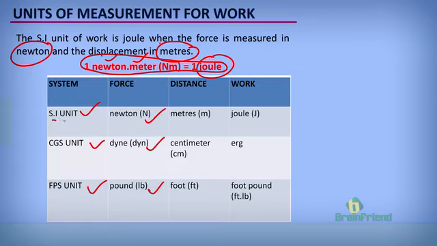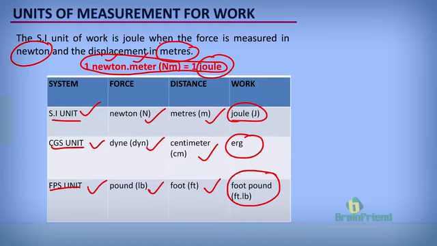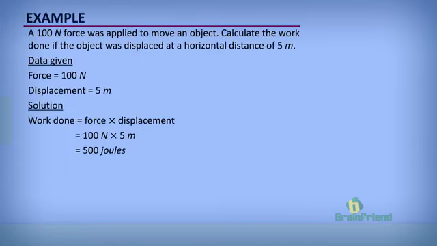The Newton is for the SI units, the dyne is for the CGS, and the pound is for the FPS. And for distance, we have the meters, the centimeter, and the foot. So work in the SI unit is measured in joule, while in the CGS unit, it is erg, and in the FPS unit, it's the foot-pound unit. So we should take note of these various units.